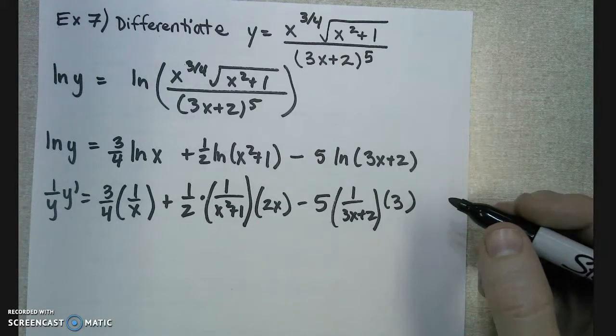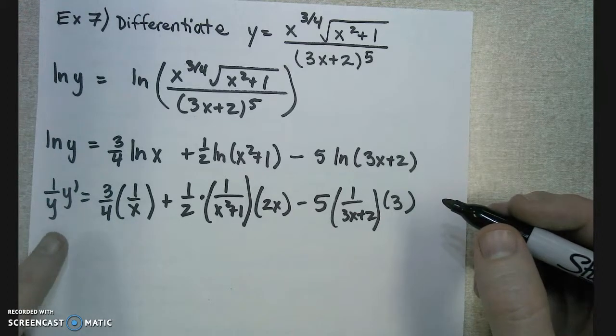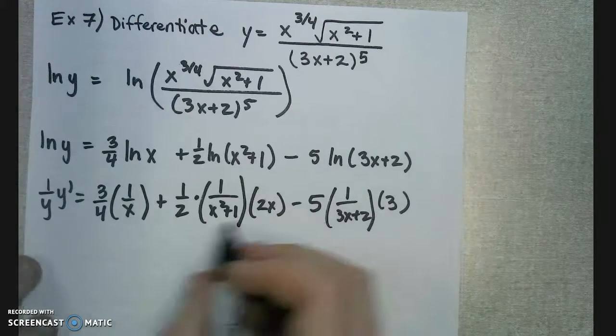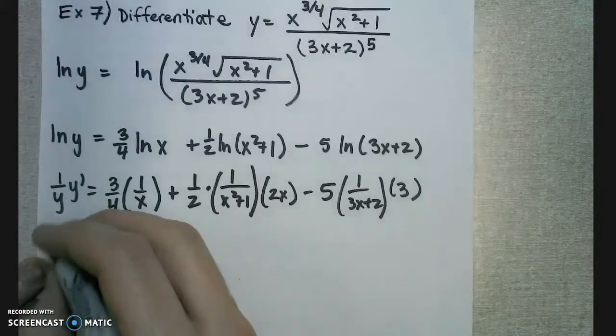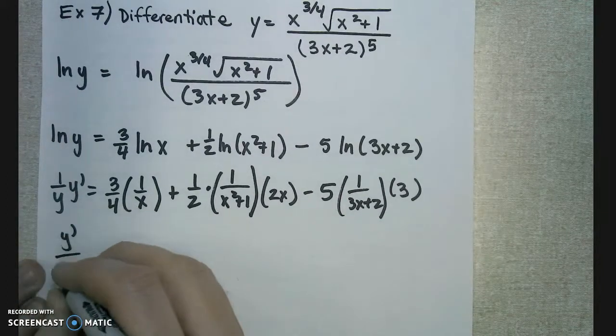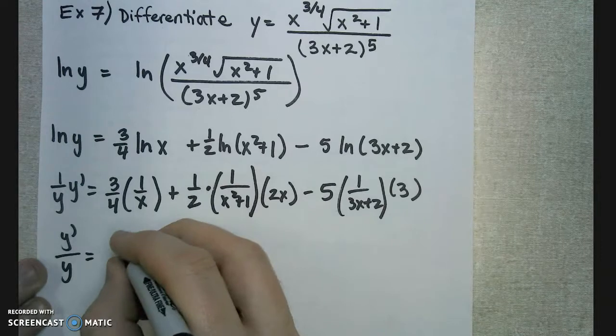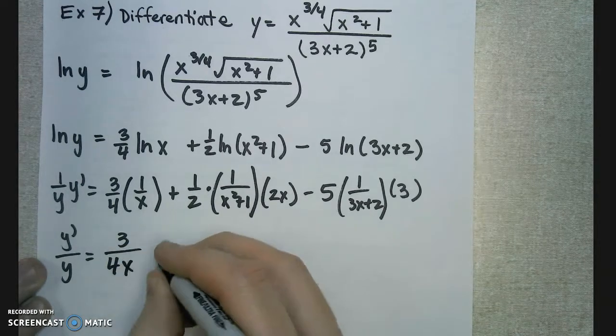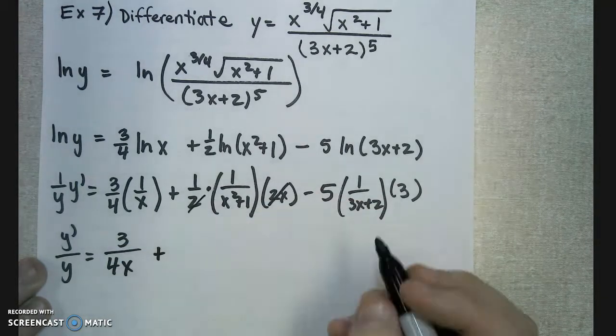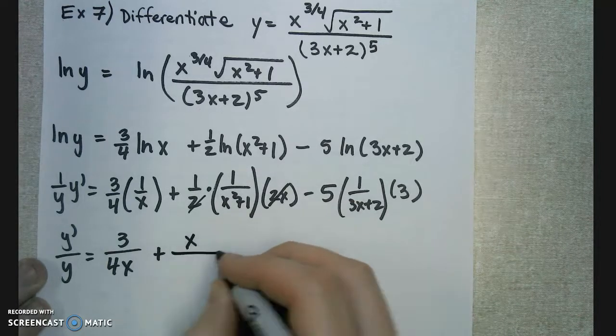And then we want to simplify this and try to solve for y prime. So we want to get y prime by itself, but also this is a mess over here. So I'm going to put y prime on top. This will be 3 over 4x. Here my 2's cancel, so this would be x over x squared plus 1.